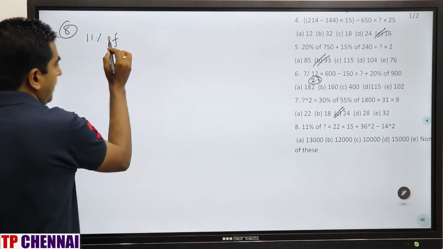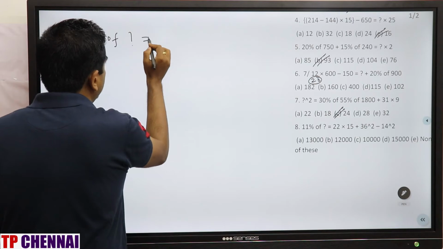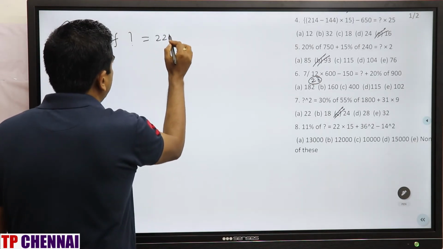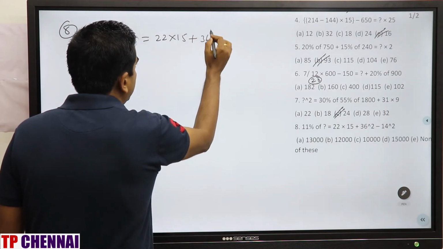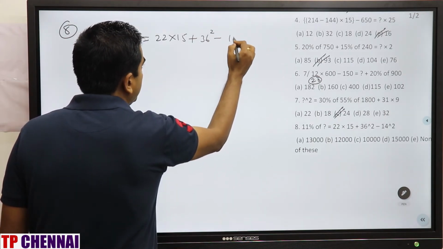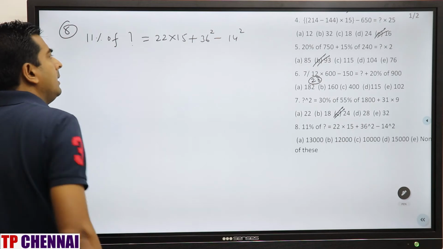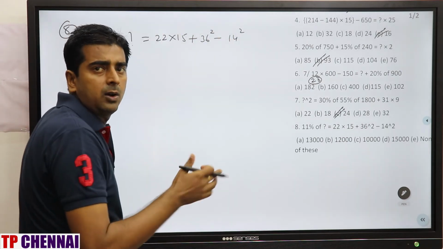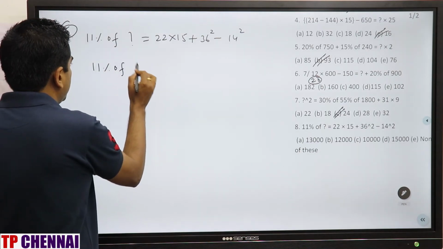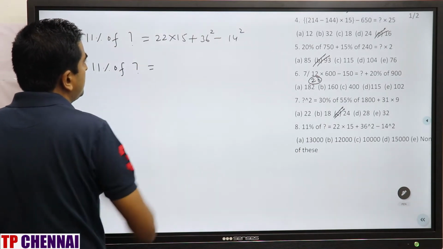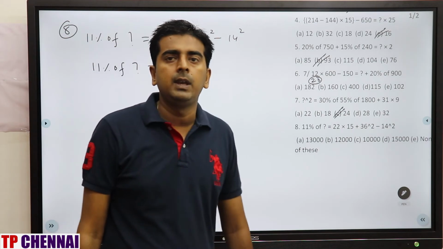11% of question mark is equal to 22 into 15 plus 36 square minus 14 square. A square minus B square, right? Or if you know the square also it's better. So 11% of question mark is equal to, what is 22 into 15? Again multiplication of even and odd number.